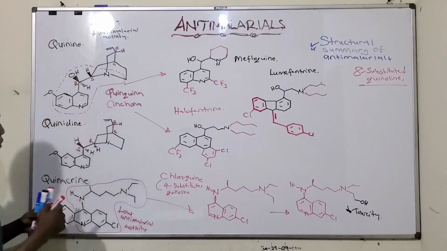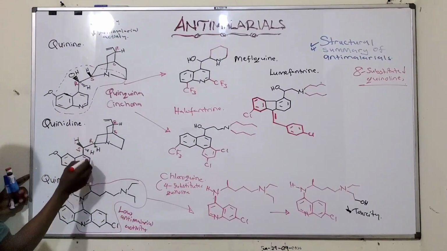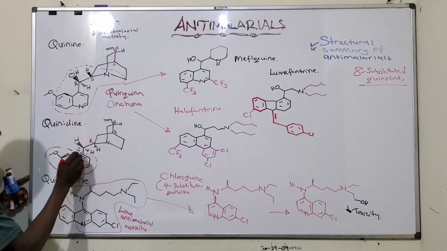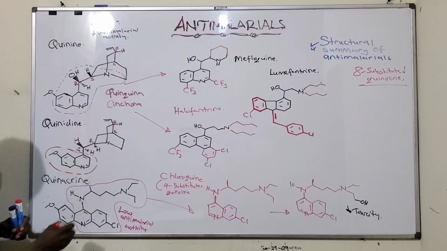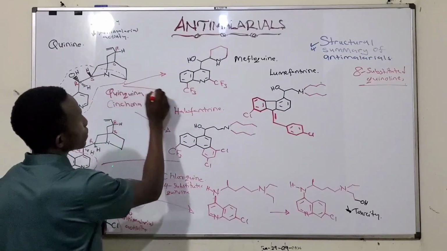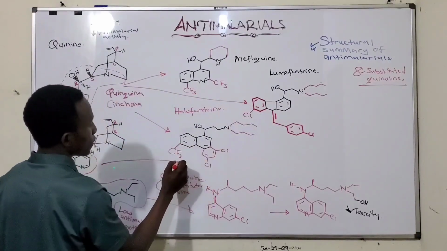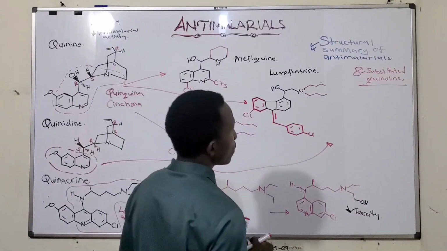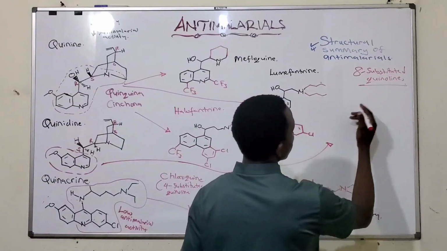And they took this part, this lower part, to make these, but this one here. Then for these ones, they made these ones. As we're going to see, we have, for example, primaquine.